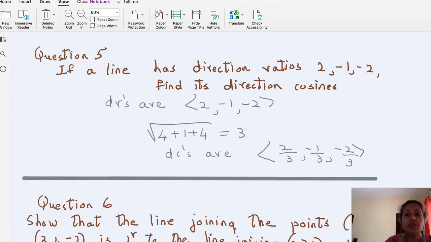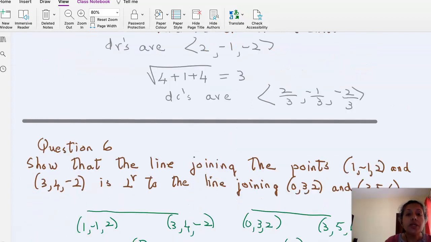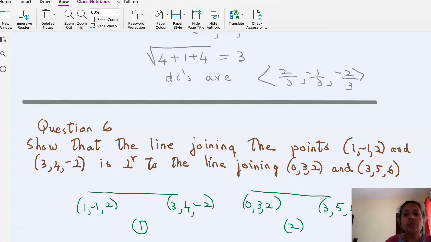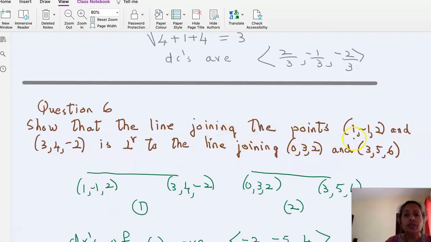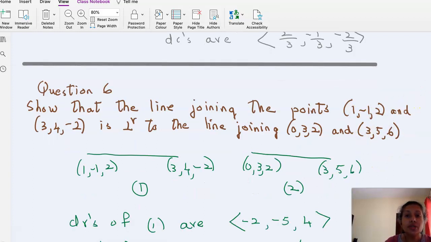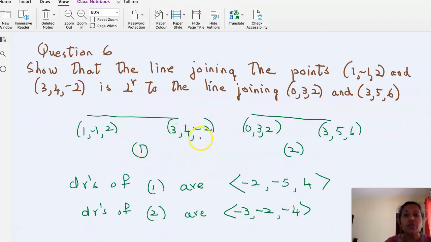And now we move into the deeper aspects. This is not too difficult though. Show that the line joining the points 1, minus 1, 2 and 3, 4, minus 2 is perpendicular to the line joining 0, 3, 2 and 3, 5, 6. So how will we do this? We take this line joining 1, minus 1, 2 and 3, 4, minus 2, and here 0, 3, 2 and 3, 5, 6.